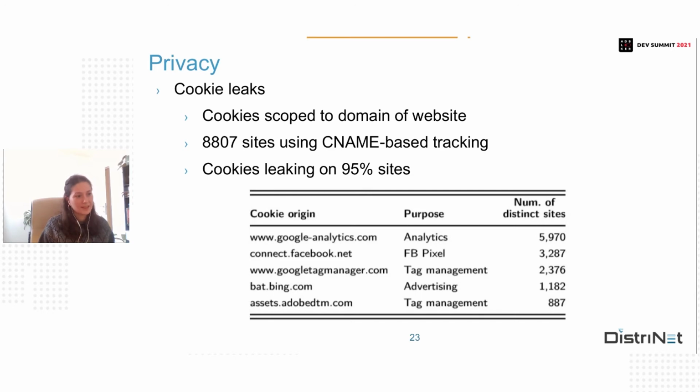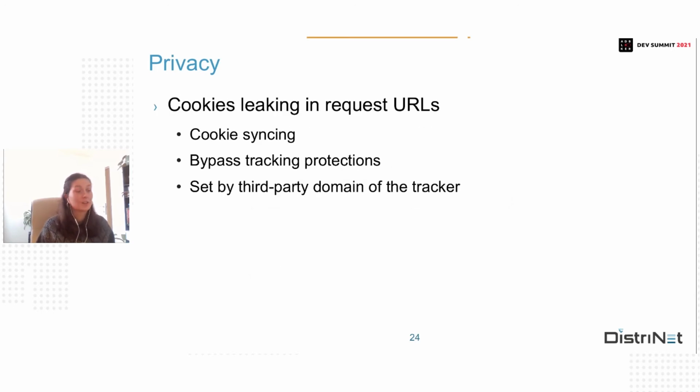But all these leaks are not per se intentional, so we also had a look at cookies that were leaking in the request URLs. This practice could indicate cookie syncing, which is also a tracking method that is meant to bypass some tracking protections or to extend the reach of a tracker, because basically the identifying cookie is sent in a request to a different tracker.